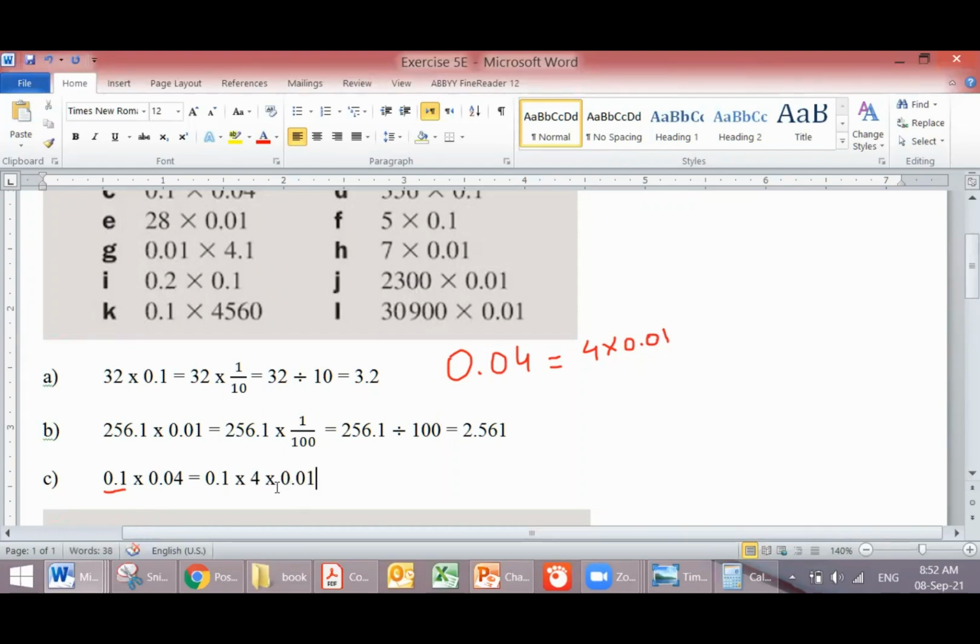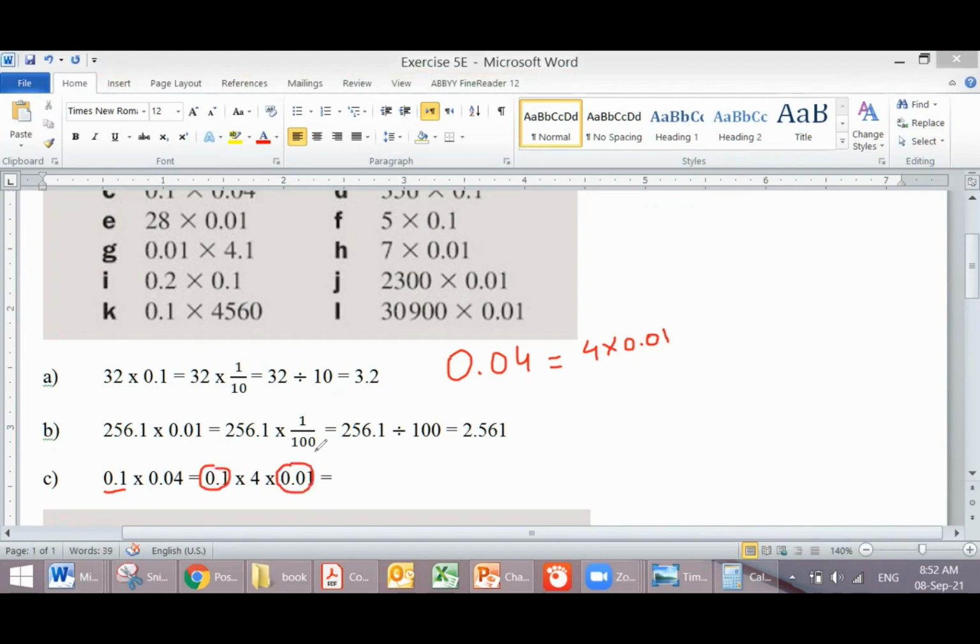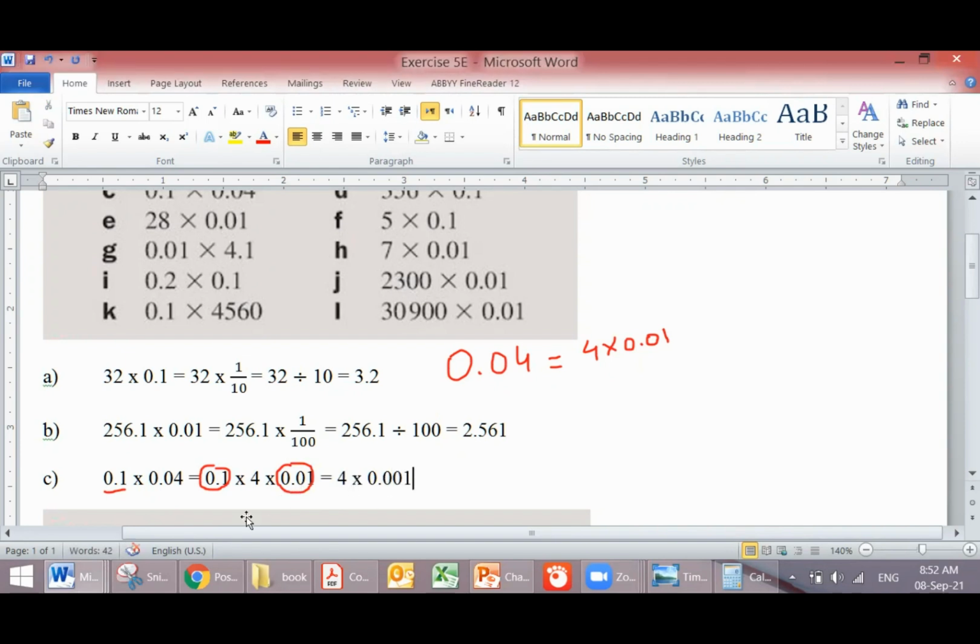Now if I will multiply 0.1 with 0.01, what it would be? It will become 0.001. One more zero I will put after this decimal point.